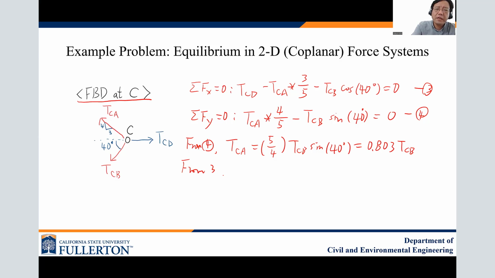From 3, TCD is, from the previous step, 2.748 mg.